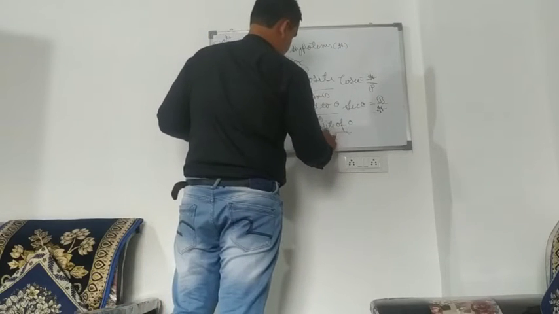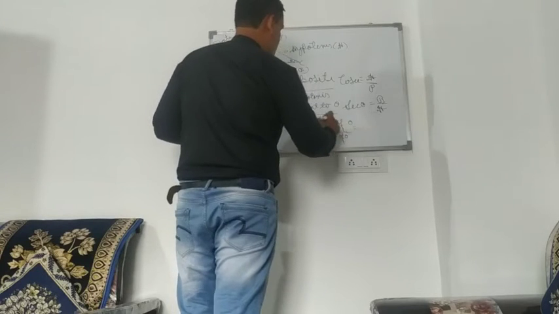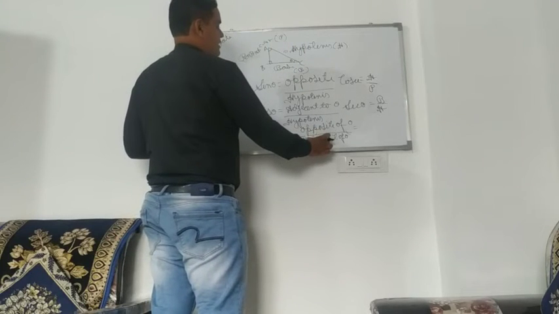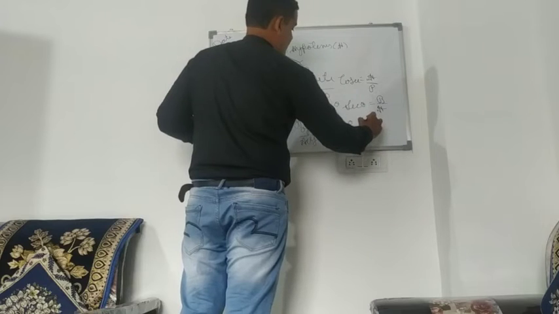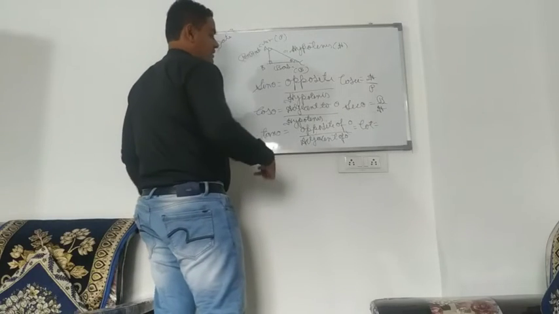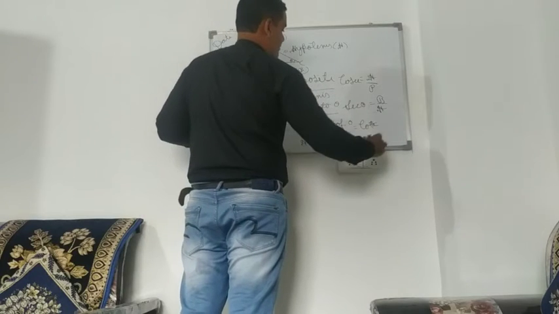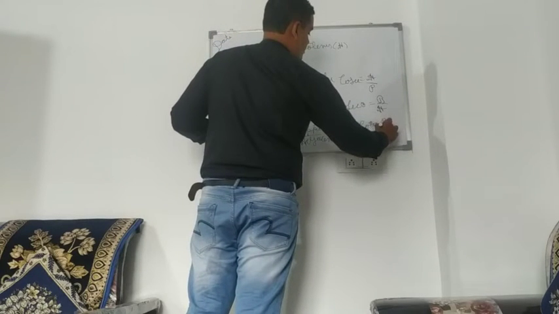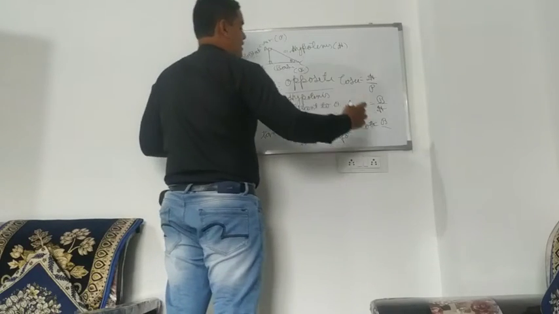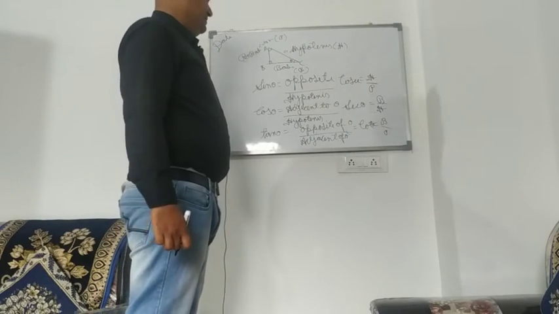Opposite is perpendicular and adjacent is base, so tan theta is perpendicular upon base. Cot is the opposite of tan theta, so it is the adjacent of theta upon the opposite of theta, that is base upon perpendicular. So these are the six trigonometrical quantities.